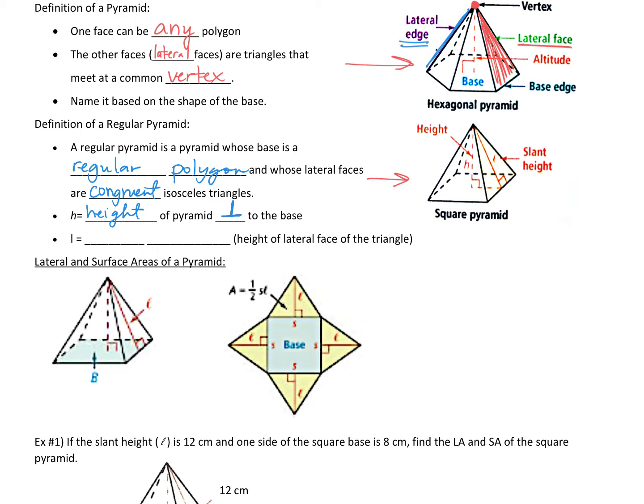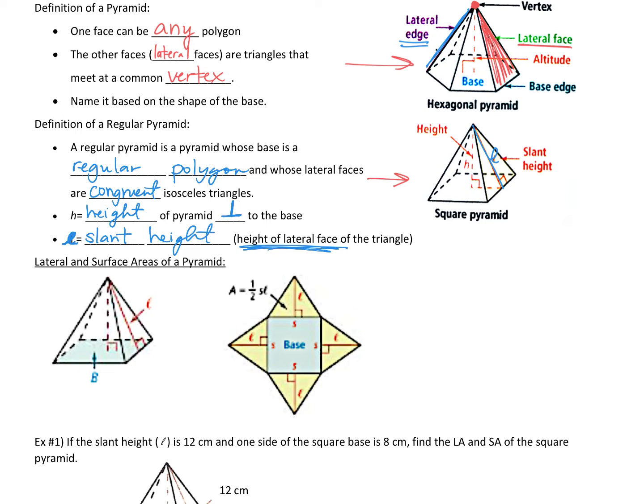This should be a cursive L. I forgot to go back and change my font. I'm sorry. That represents what's called the slant height, and that's just the height of your lateral face. So it is a height of a triangle. It's not the height of the pyramid. This should be a cursive L in the figure.